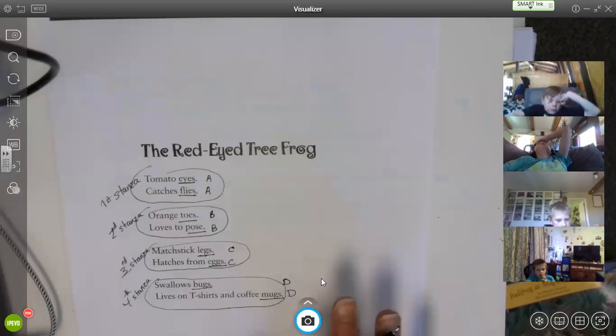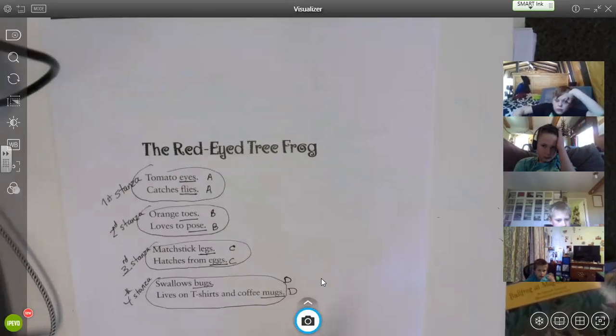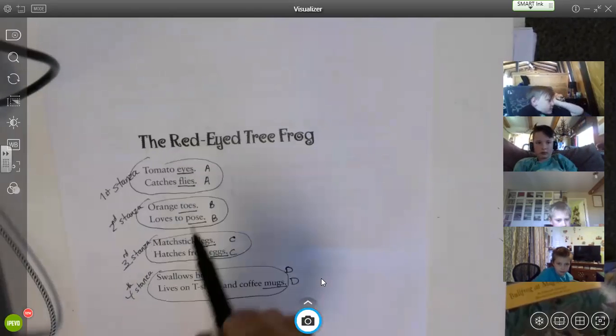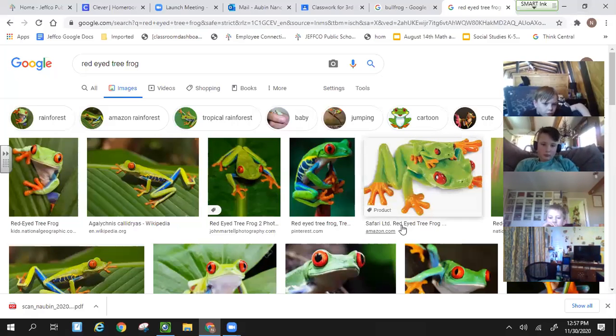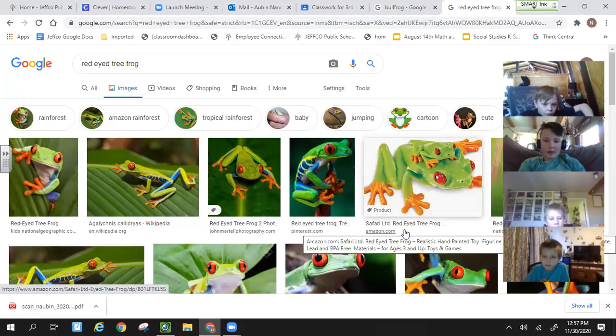language that an author uses to describe something, and it's not literal. It's not, for example, tomato eyes. Let's go back. Does a red-eyed tree frog actually have tomato eyes? Lucas, what do you think? Are those tomatoes for eyes? No, they're just red.